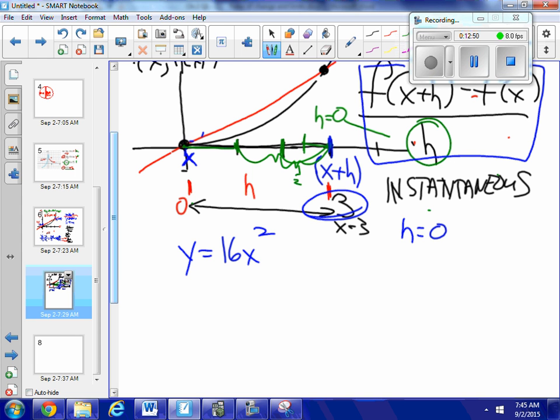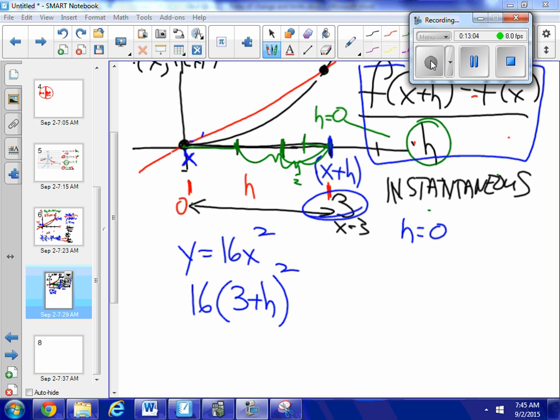So f of x plus h would make it 16 times 3 plus h squared. That's f of x plus h. The x is my 3, the h is the distance between the x1 and the x2. We know it's going to be 0, but bear with me to do the algebra.